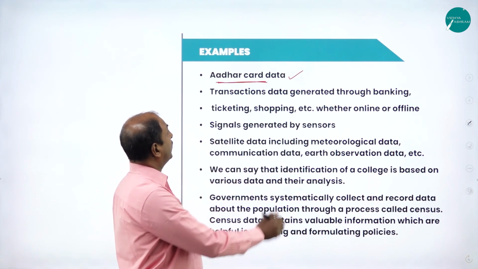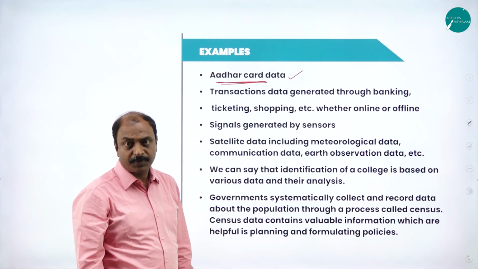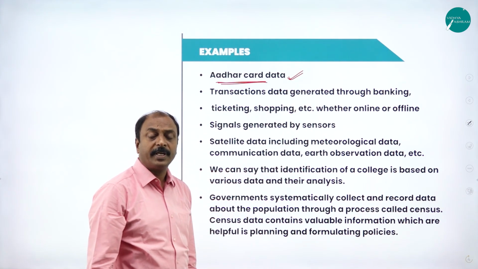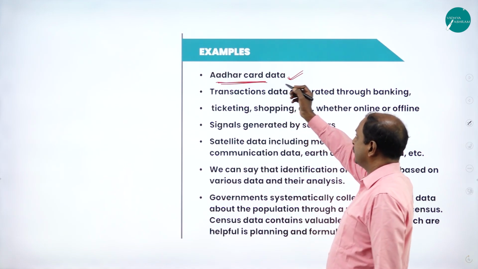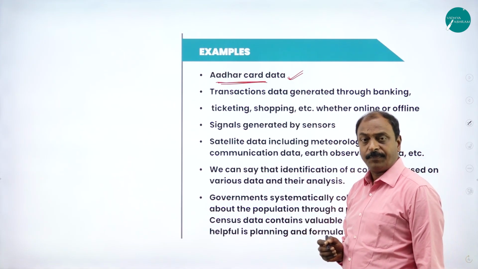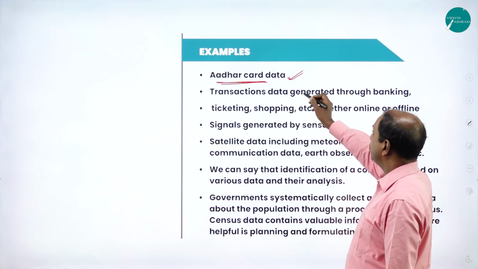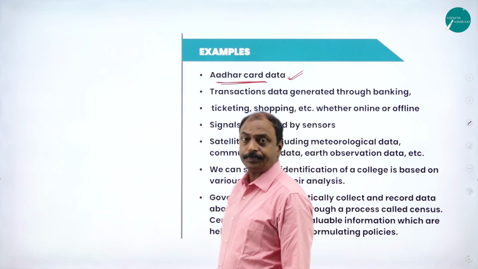Finally we get the Aadhaar card, the result of data processing. The Aadhaar card is important data as far as a citizen is concerned. That is both an example and the importance of data. Now you know the importance of the Aadhaar card nowadays, isn't it? That is also the importance of data, and the Aadhaar card is one data.